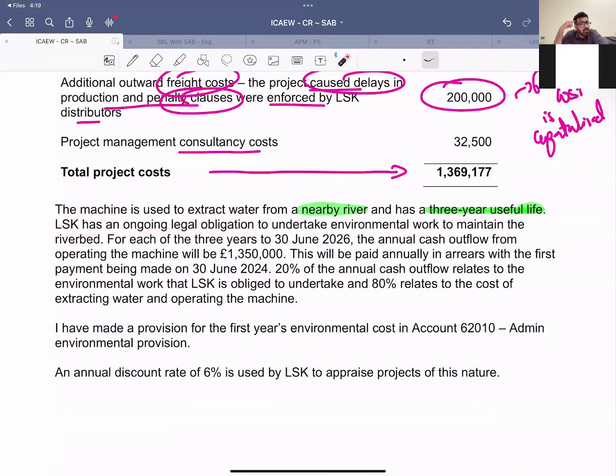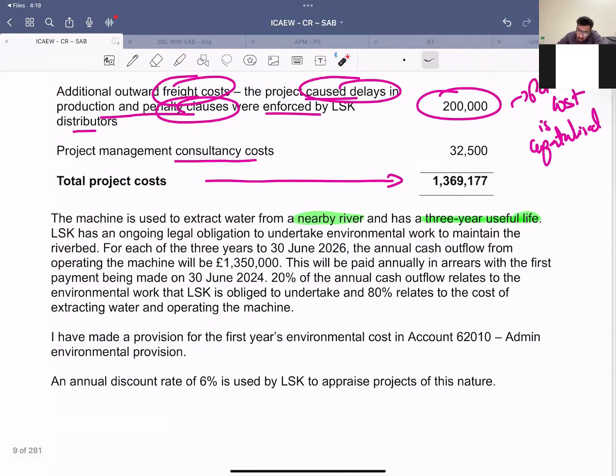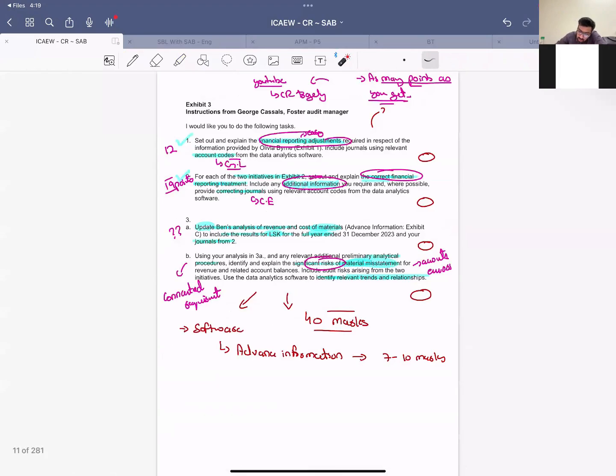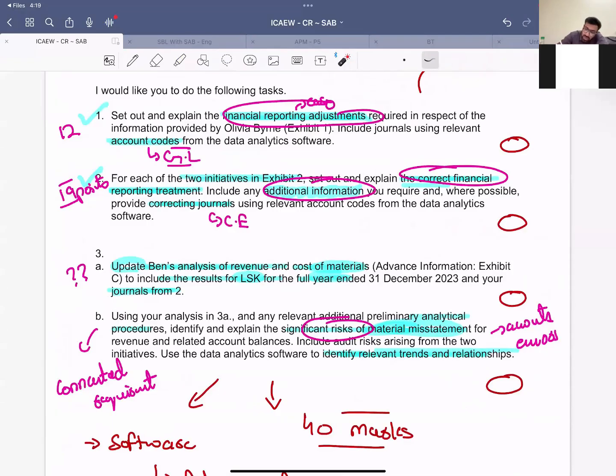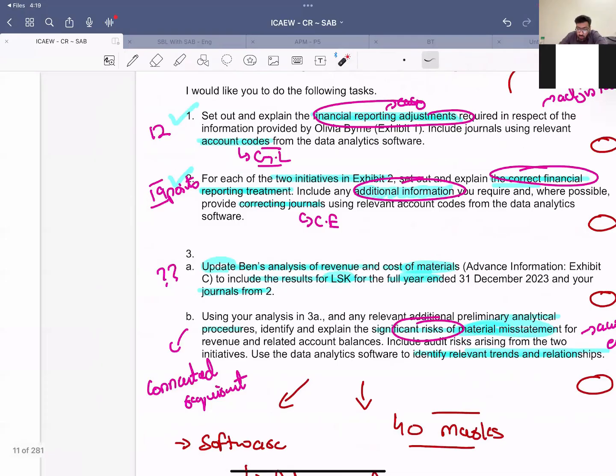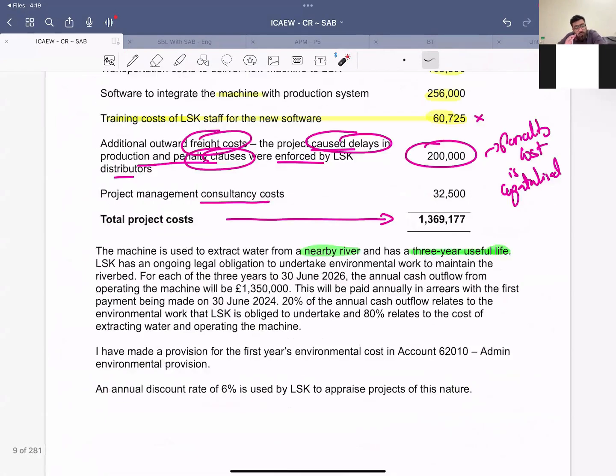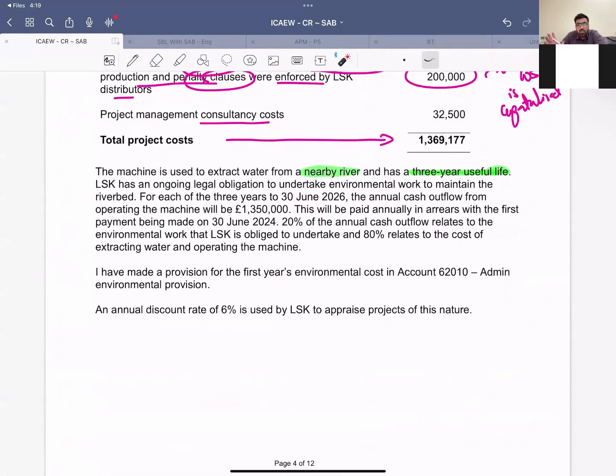Now think of the requirements. The requirement was financial reporting adjustments required. They have done the treatment, and we have to suggest the adjustments. Forget advanced information, forget requirement 2 or 3.